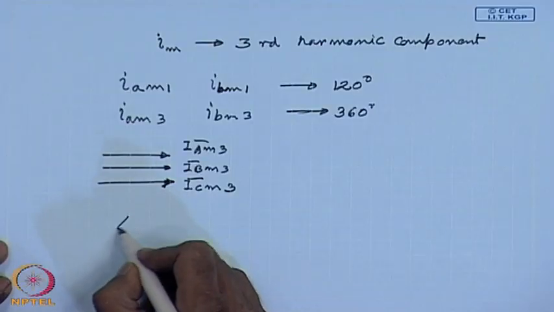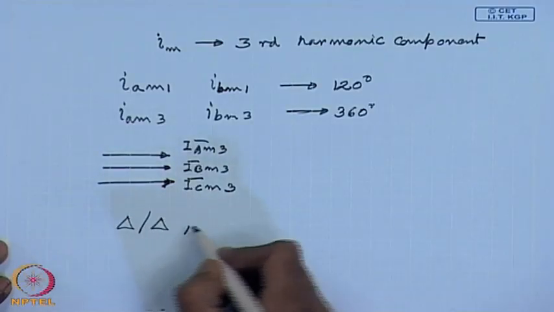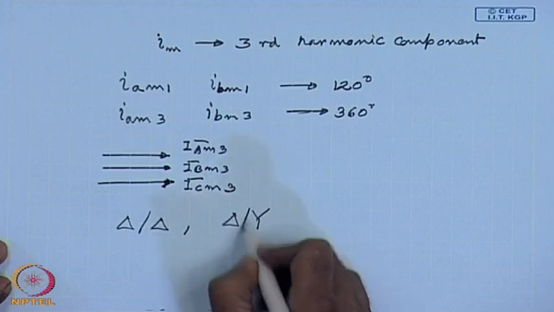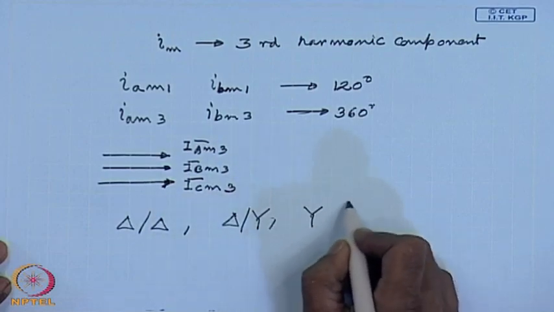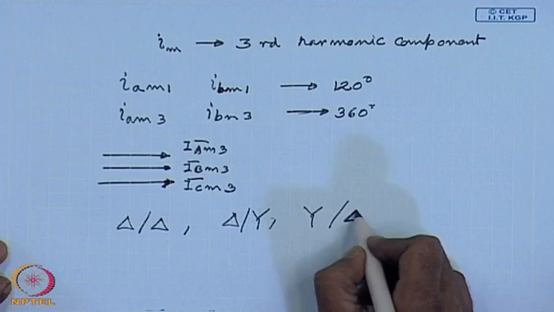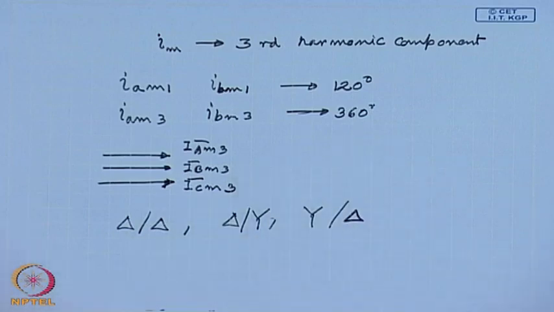So, the preferred winding connections will be delta delta, delta star or star delta, of which we have seen that if one side is very high voltage, then that side should preferably be star connected, the other side may be delta connected.